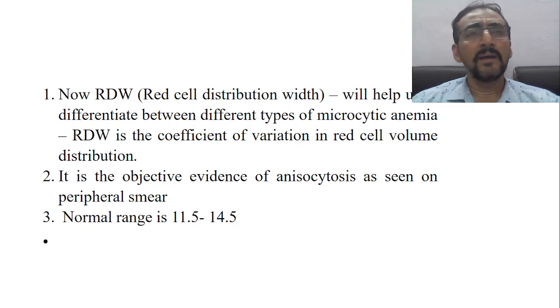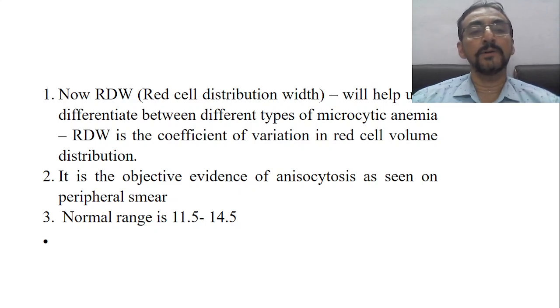Anisocytosis means अलग अलग टाइप का सेल्स है, आरबीसी है, अलग अलग शेप है, अलग साइज है, seen on the peripheral smear. So the normal range of RDW is 11.5 to 14.5. This is the normal range of RDW in a normal condition.